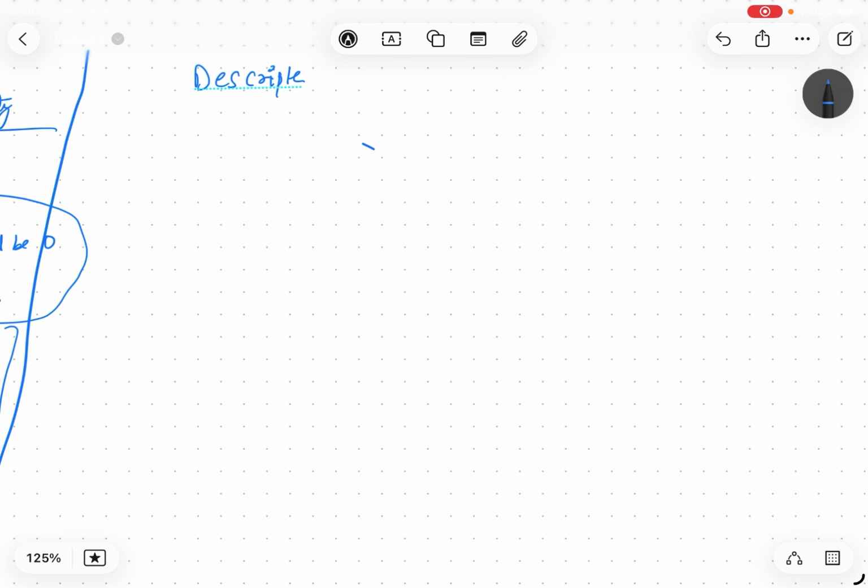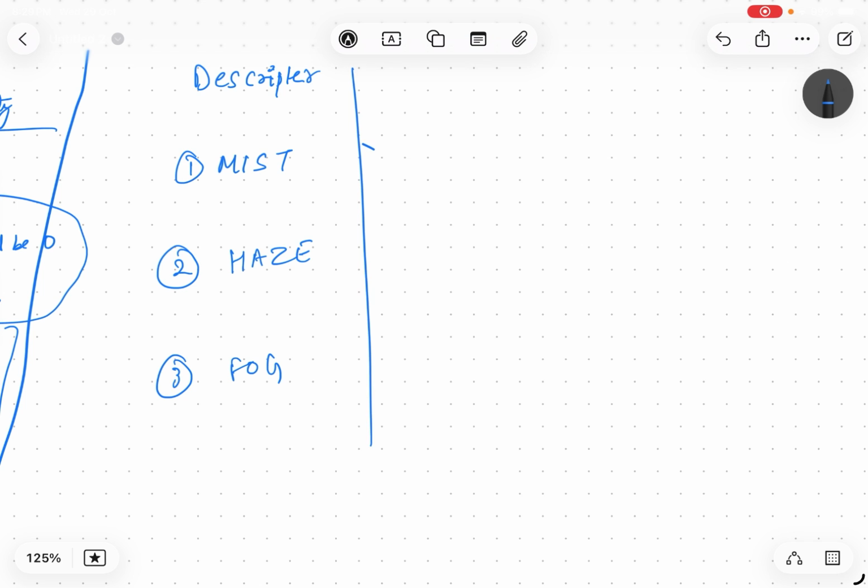Okay, one is mist, the second is fog, and the third is haze. Or I can actually change it because fog will have the least visibility. So let me do it in descending or ascending order, any way you want to look at it. So haze and fog. Okay, so what is the lower limit?